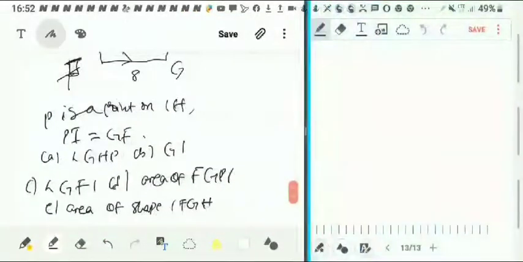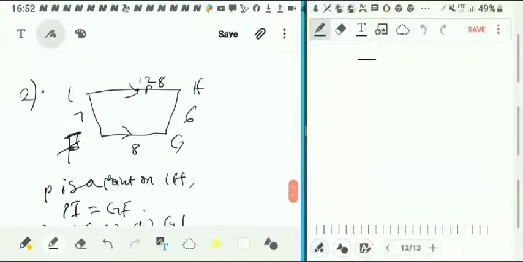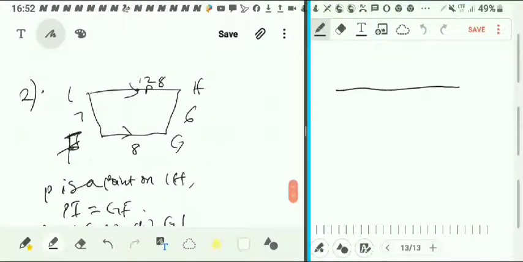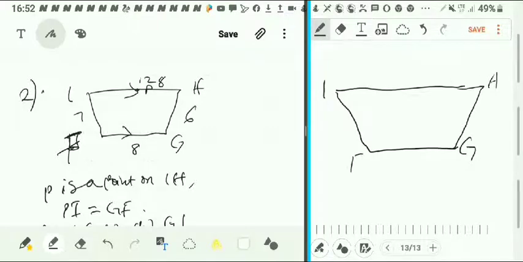So this was the trapezium that was given. I, H, G, F. This was 12 centimeters and this 8 centimeters.